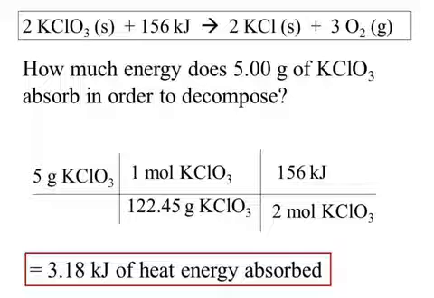So setting up your stoichiometry, you've got 5 grams of potassium chlorate, its molar mass, converting it to moles, and then using the equation where 2 moles are equivalent to 156 kilojoules, and you get the amount of kilojoules absorbed in the reaction of 5 grams of potassium chlorate.